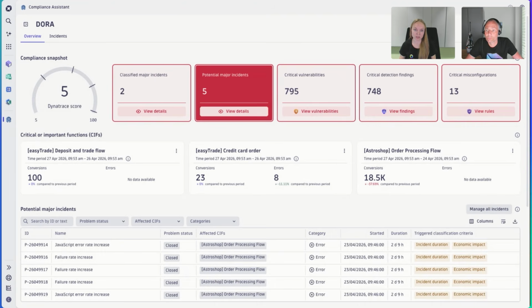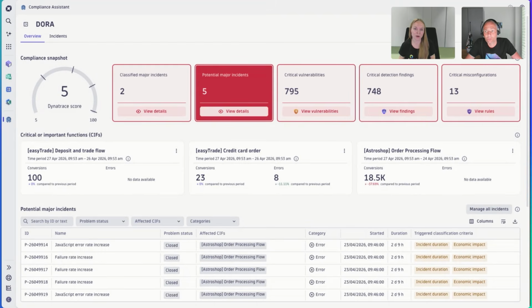But with the same logic, Dynatrace provides so much value for different compliance requirements when looking at technical rules that need to be implemented. So with Compliance Assistant, one of the first things you can see here on the screen is a compliance snapshot.